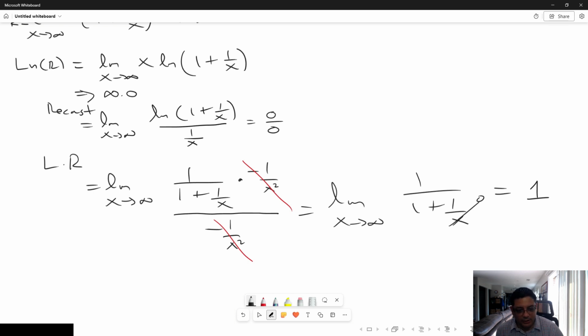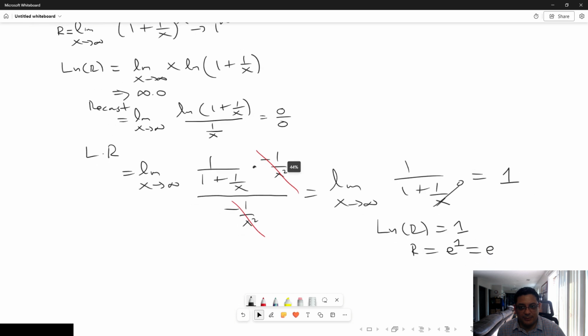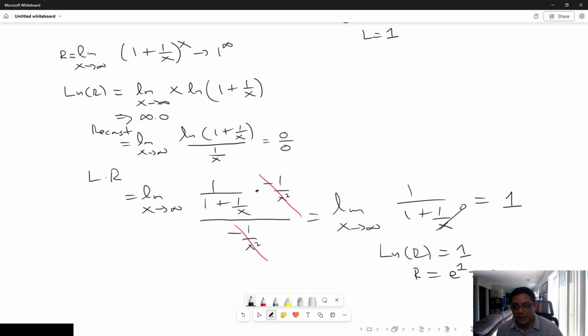And so now, because the log of r is 1, r is e to the 1, or e. That means that this limit at the top really was the exponential to the 1, or the Euler number. Right?